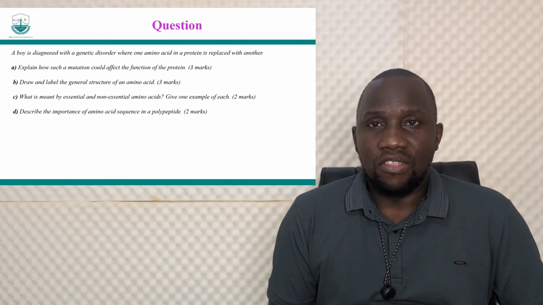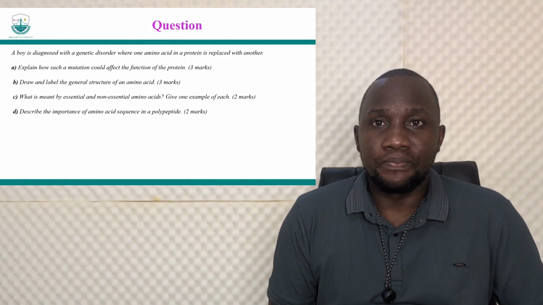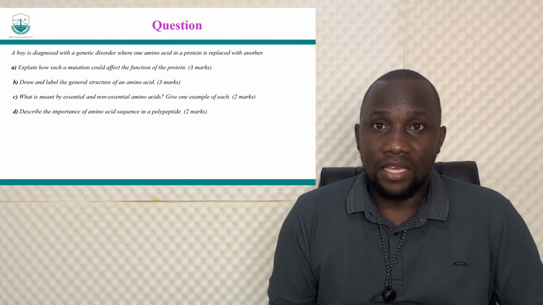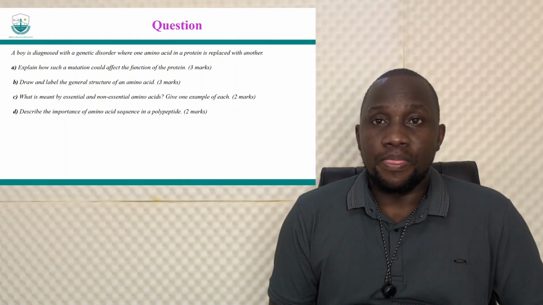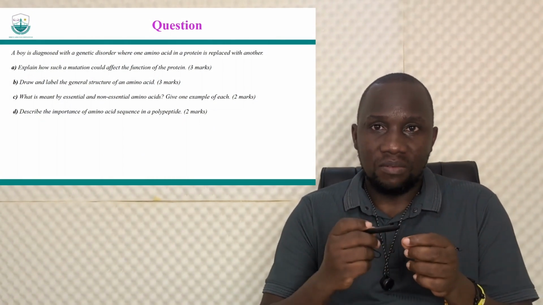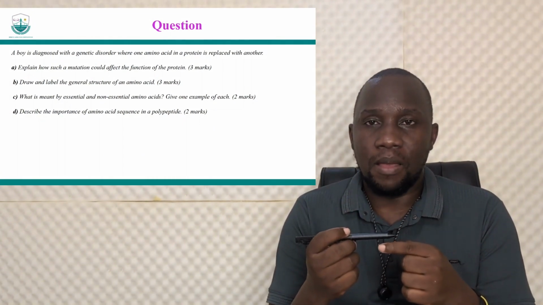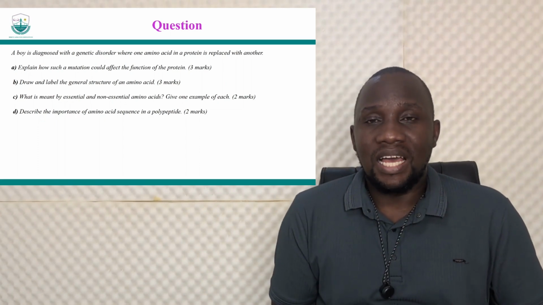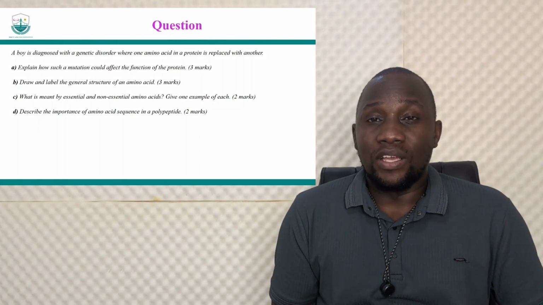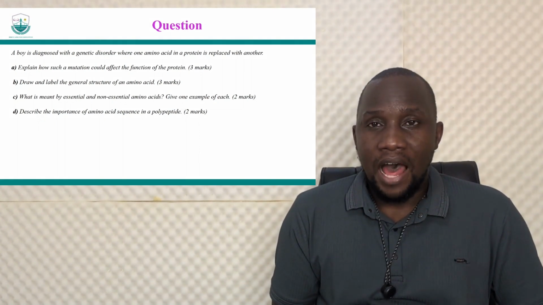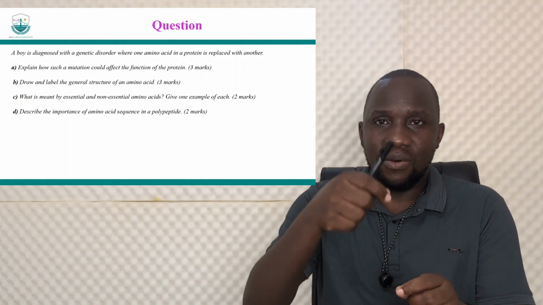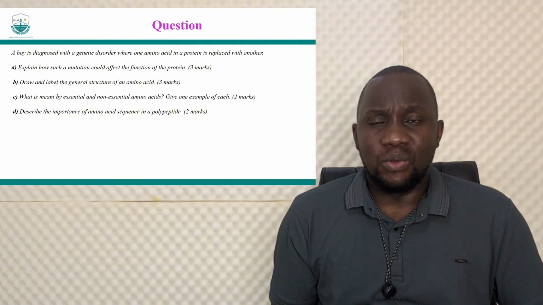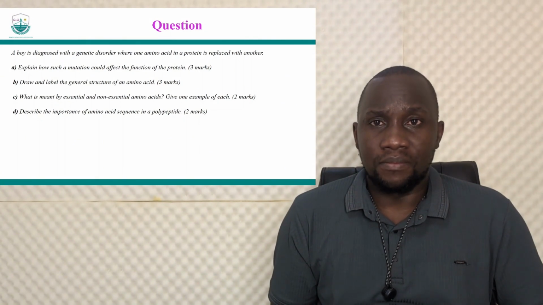Now, we can answer some of these questions here right away. We already noted that amino acids, the sequence, that is the arrangement, which amino acids and which amino acid follow the other, that sequence determines which protein we are going to have. And therefore, if we remove one amino acid from a long chain of amino acids, that means that we're going to form a different protein.